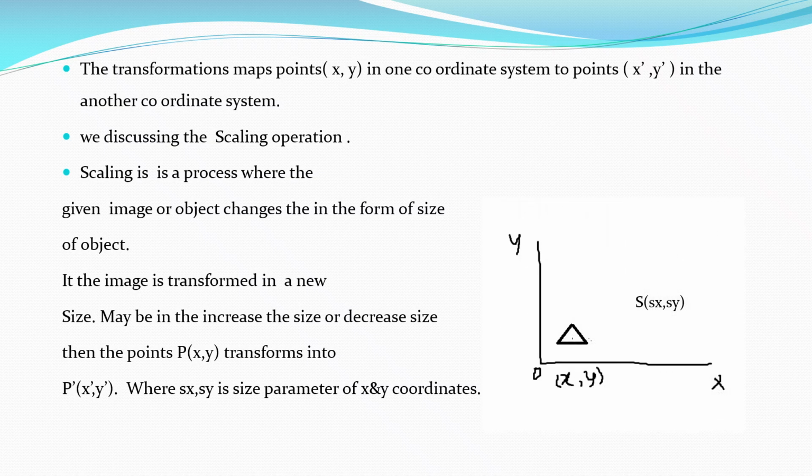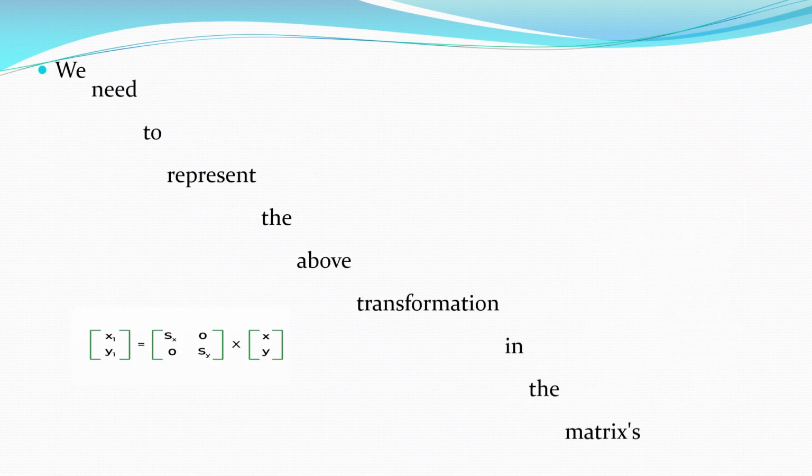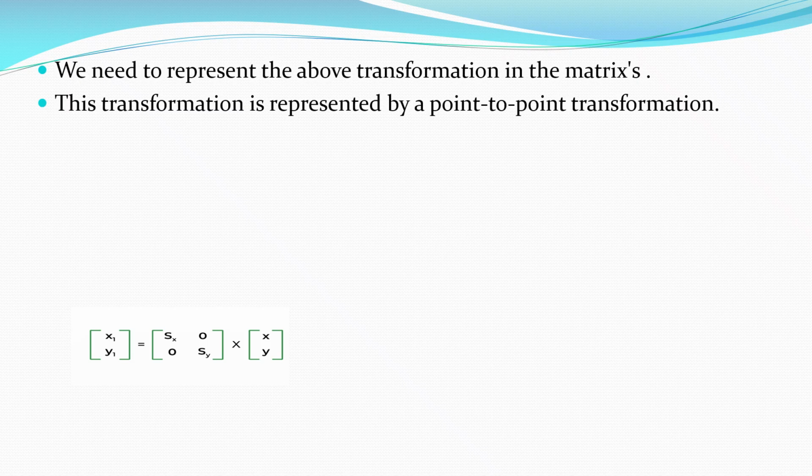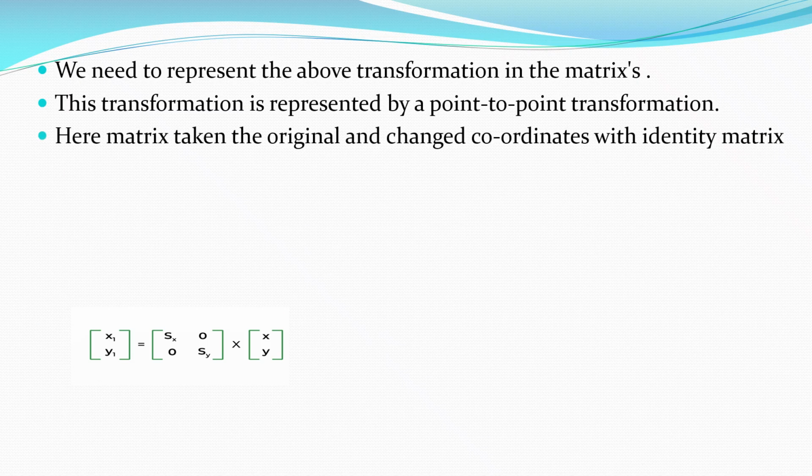Okay, here is an example. Starting with a given triangle or polygon, we increase the size of the original using the s of x, s of y parameters. With the example, we will see how to solve this problem.